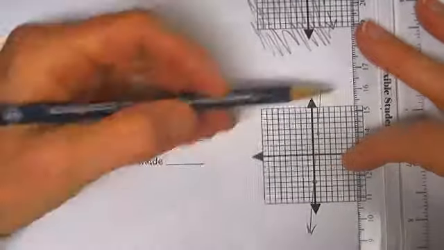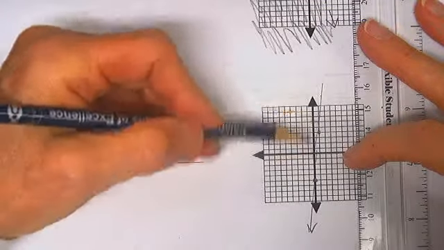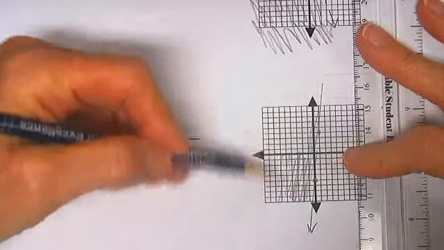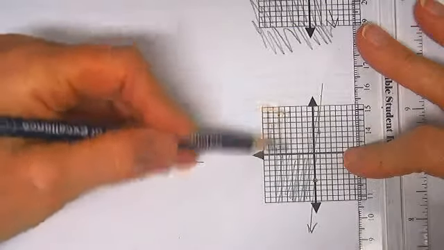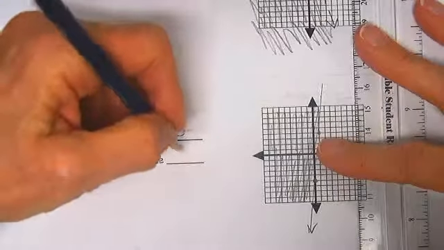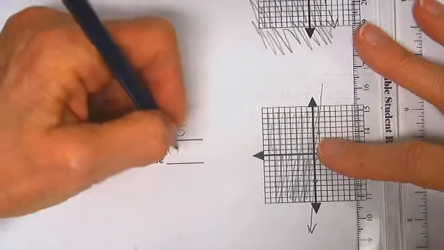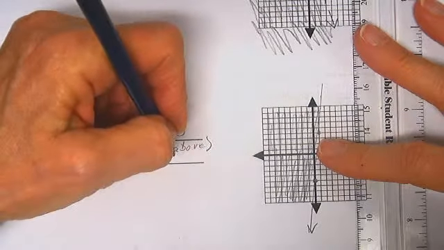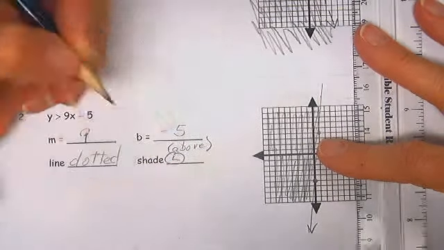Yes, it is. So 0 is included, and above and below is a little tricky when we have a graph like this. So let's say above, but we can also say to the left.